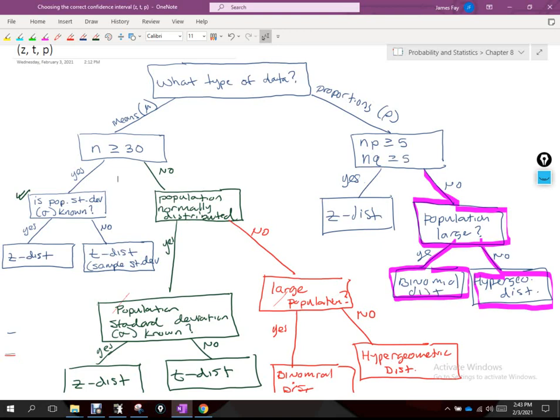There's always a constant flow chart type thing going on, because when the problem arises, it isn't going to say, hey, I'm a z distribution, or hey, I'm a t distribution. It's the information that you're able to garner to create the process that's going to tell you to use one of those appropriate measures. Does that make sense?